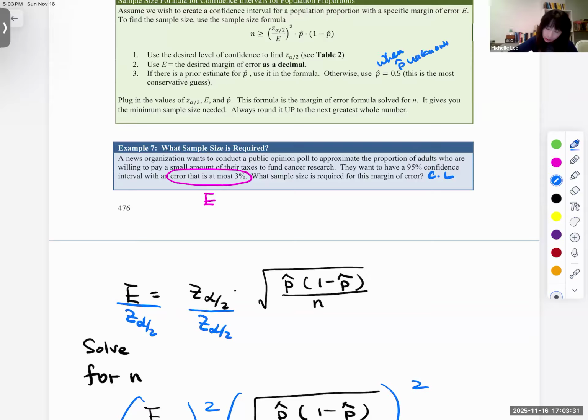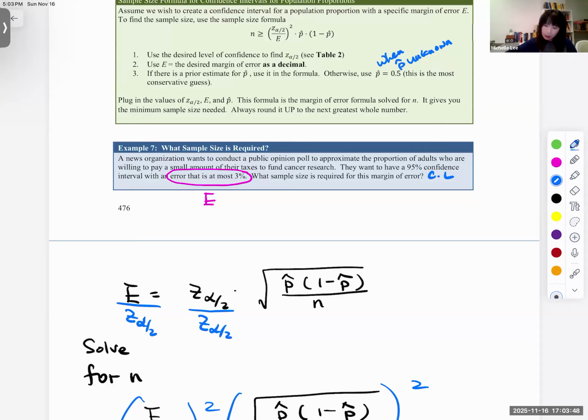Unknown, then p hat equals 0.5. So let's use that. We have a 95% confidence level with 3% margin of error. We want to find the sample size.